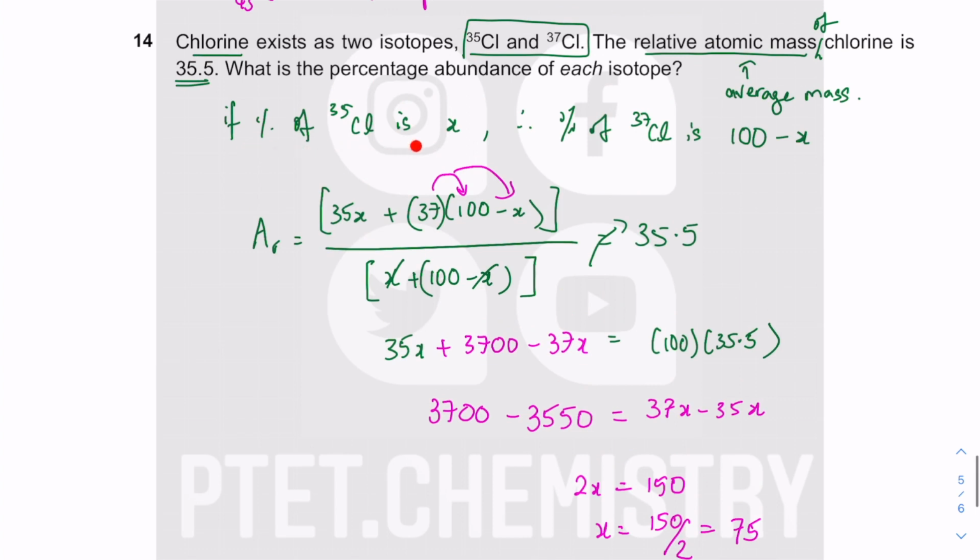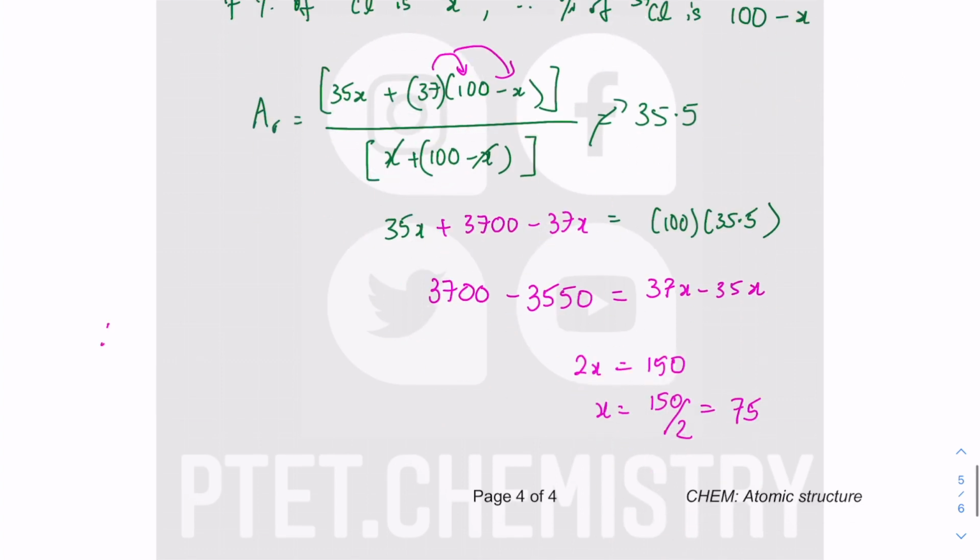That's why we wrote this down. X is the percentage of chlorine-35, but the question asks for each isotope, alright? So therefore, the percentage of chlorine-35 is equal to X, which is 75%. And since they're asking for each isotope, the percentage of chlorine-37 is 100 minus X, the difference, which is 25%.